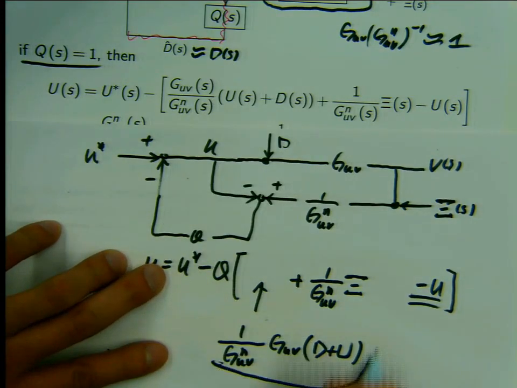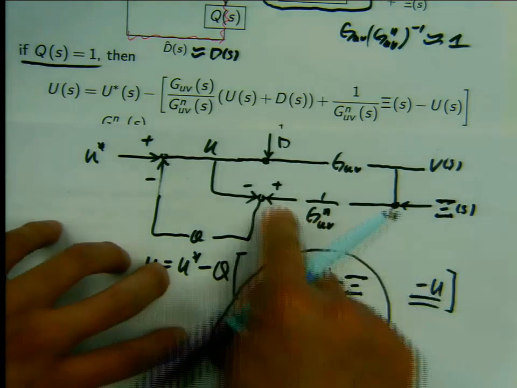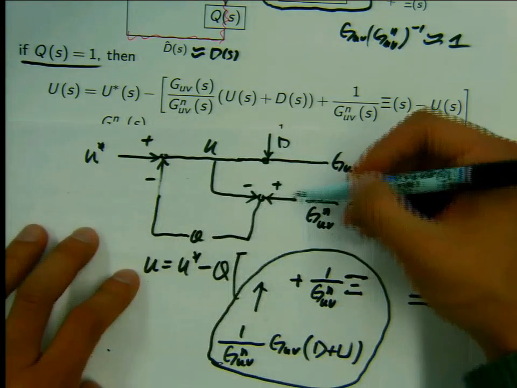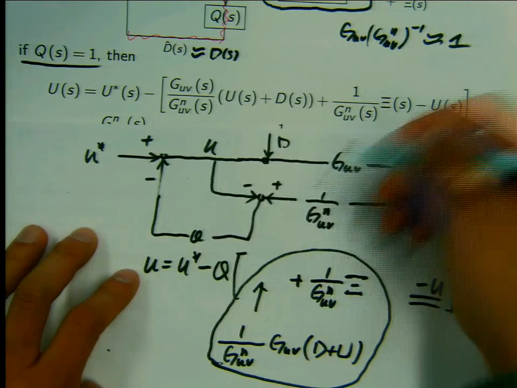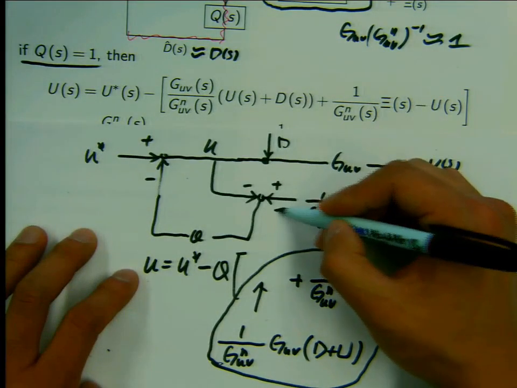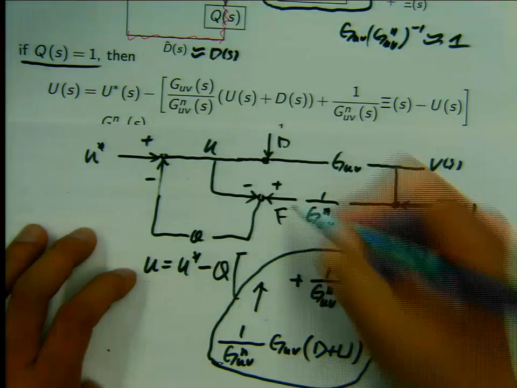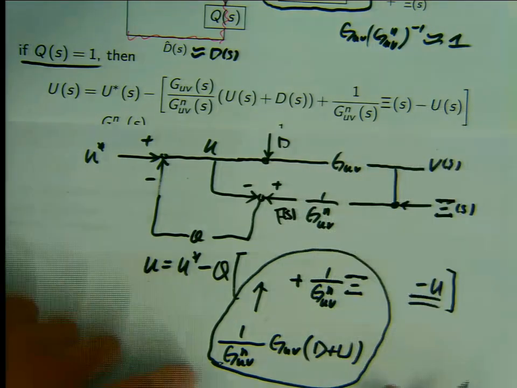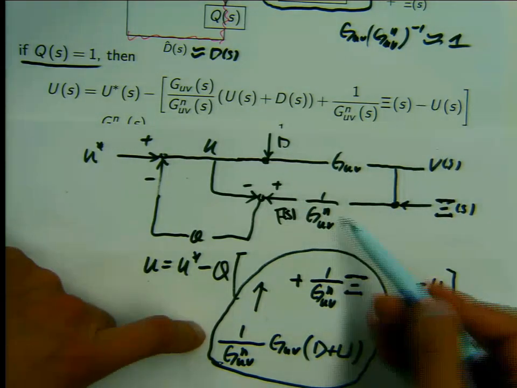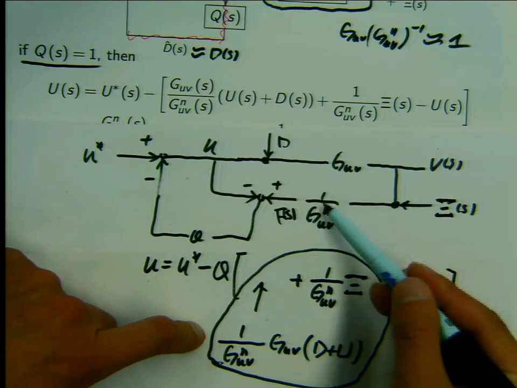This guy is the signal here. Let me denote this as B. Let's denote this as F. So this is F of S. Okay, F of S is this signal passing through the inverse of the nominal model.